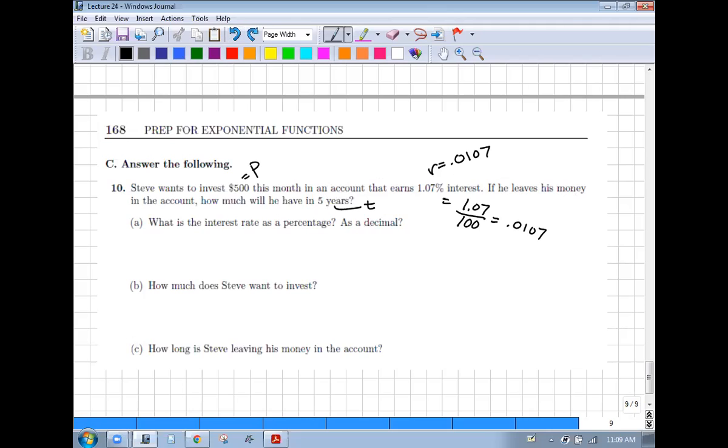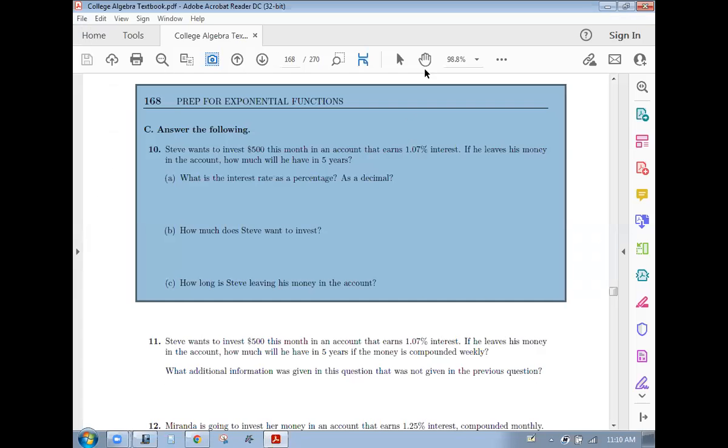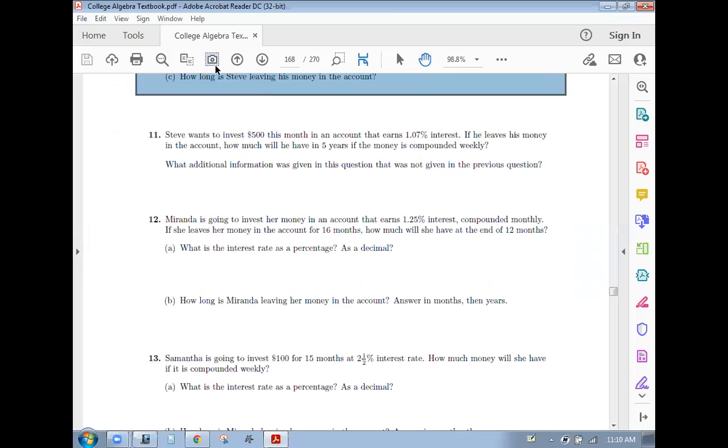What is the interest rate? Right there as a decimal. There it is as a percent. Here it is as a decimal. How much does he want to invest? 500 bucks. How long is he leaving his money in there? 5 years. In this problem, all I wanted you to be able to do is identify the parts. In this class, we slowly lead into things.